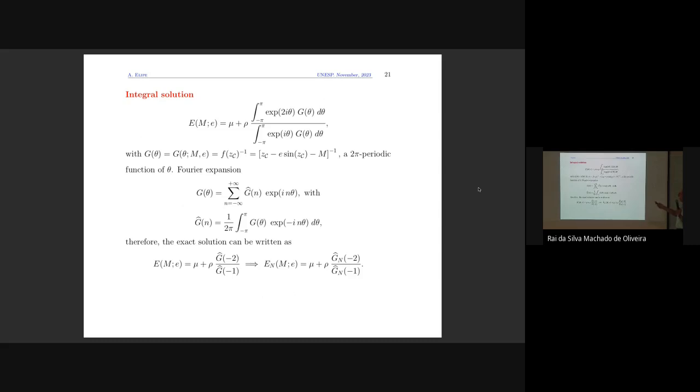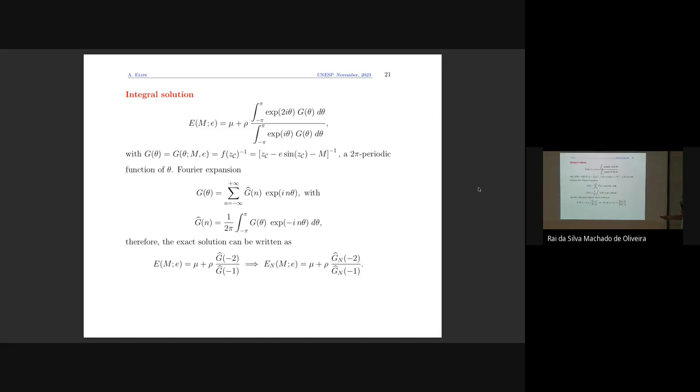This will be the solution according to the Jackson theorem. Take now into account that this is the part of the Fourier expansion corresponding to the number -2, and this to the number -1.